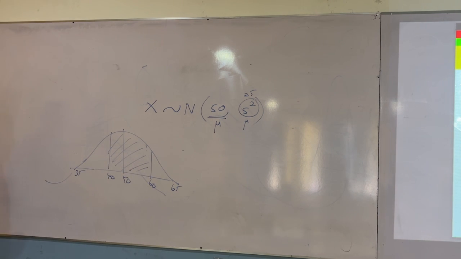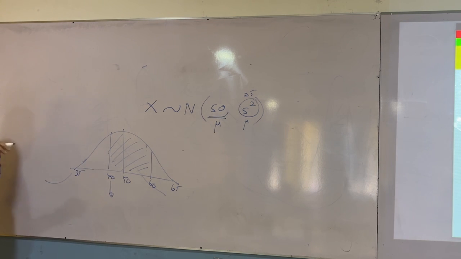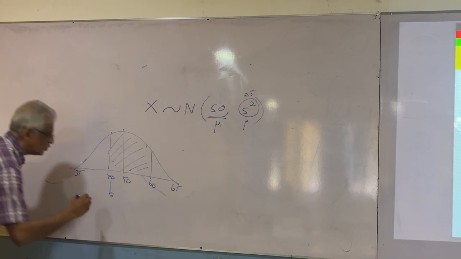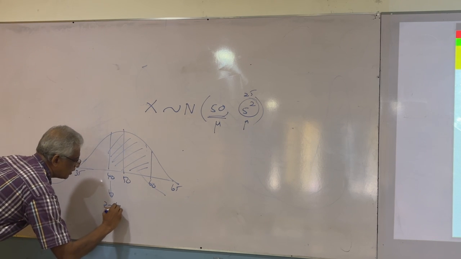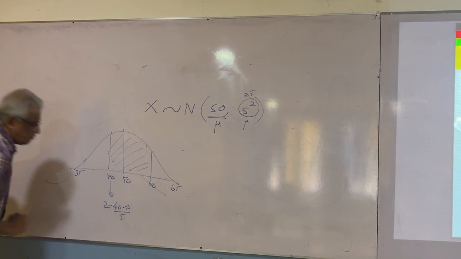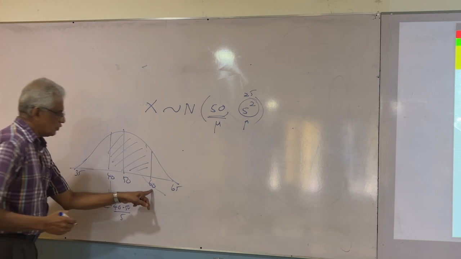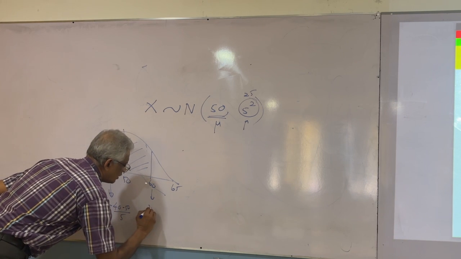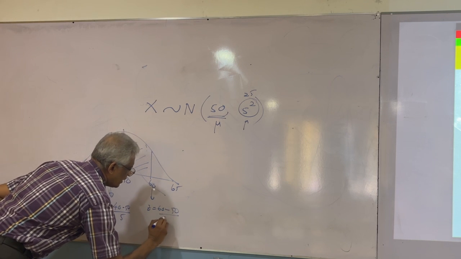So what you do is convert these values into standardized values, standard normal. How do you do that? For the 40, the z value will be 40 minus mu, divided by 5. That will be the corresponding z value. And for this one, the corresponding z value will be 60 minus the mean, divided by 5.